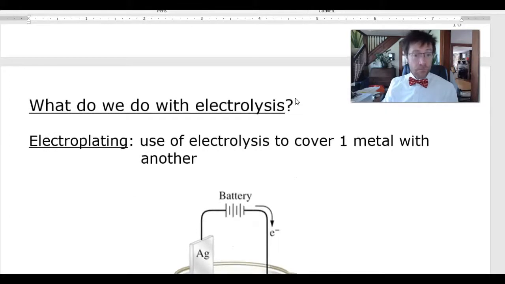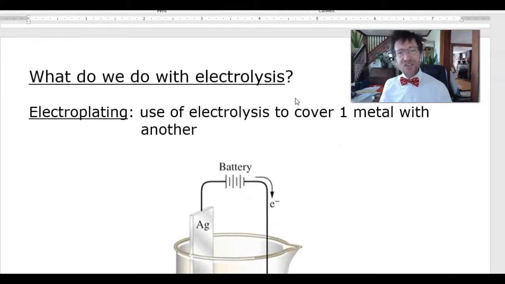So what are some other things we do with electrolysis? Electroplating. That sounds like a very big vocab word. So what is electroplating? Basically, covering one metal with a very, very thin layer of another metal. I'm sure you are all aware of this.